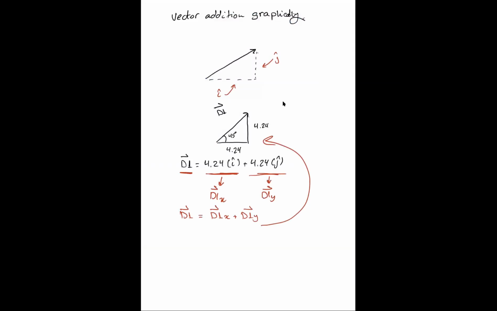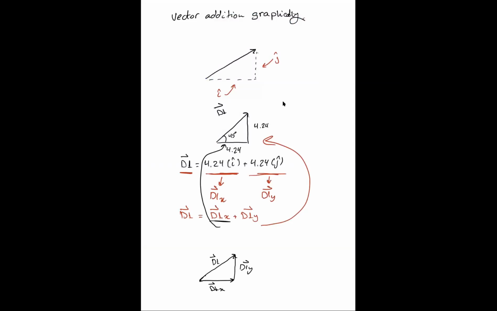D1x looks something like that, D1y looks like this, and the resultant vector D1 spanned from the tail of the first vector to the tip of the last vector.